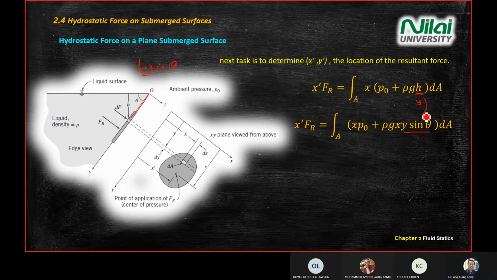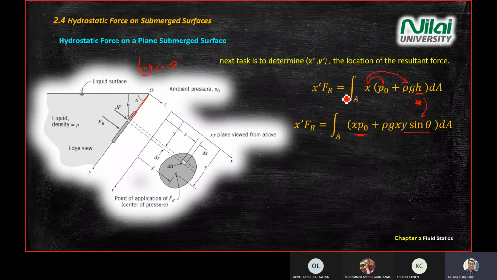After that, you expand the equation. You multiply your x inside there. x times P0, you get the first one. And then your x times the second one, you'll get rho g xy sine theta. Previously, when you found your y, you got y squared here. But now you will have an xy term here.